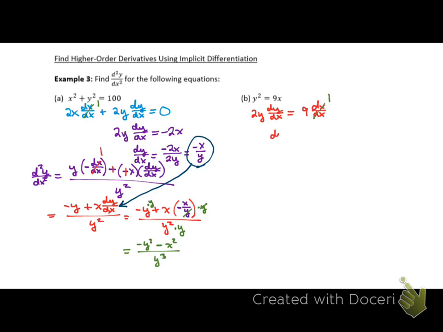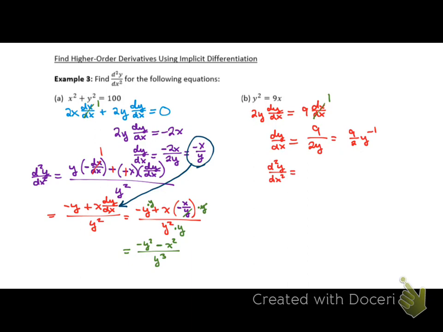So dy/dx is 9 over 2y. Okay, well, if I want to make this really easy on myself, I can just move that y to the top. So I really have 9 halves y to the negative first power, which is going to make this easier to differentiate.